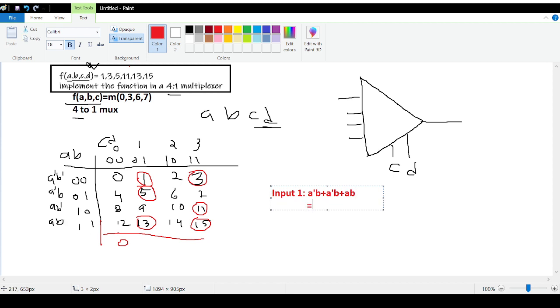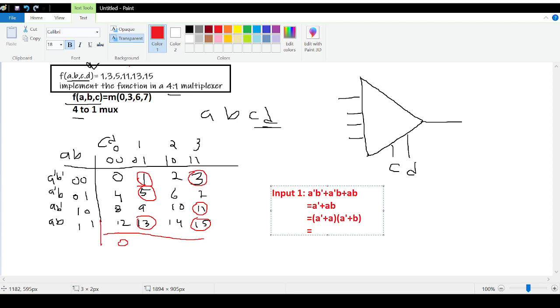We can simplify this by taking A bar as common. This was A bar B bar, right? If we take A bar as common, then B plus B bar goes away, and then we have AB. If we simplify it further, we have A bar plus A, and A bar plus B, into A bar plus B. So what do we get here?